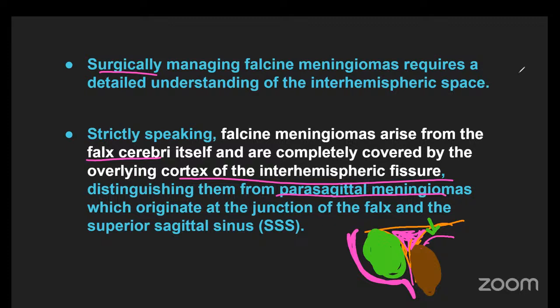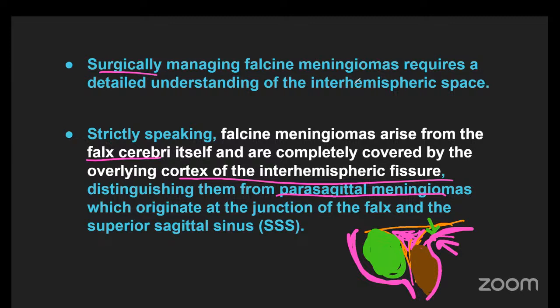If this angle is not filled, and there is this interhemispheric cortex, because this cortex is then going to be pushed towards this side, so if we have this interhemispheric cortex and the parasagittal angle, which is being represented by this green arrow, if that is empty, this means that this is a falcine meningioma. Are we all clear about this? Yes. Okay. Let me clear this all.